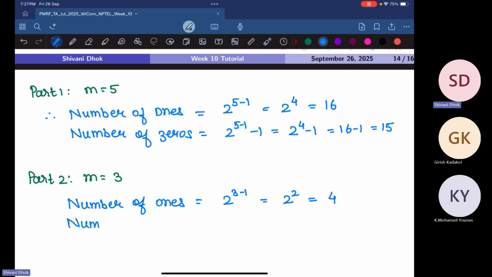And the number of zeros is 2 to the power 3 minus 1 minus 1, which comes out to be equal to 2 to the power 2 minus 1, which is 4 minus 1, which is equal to 3. So this M equal to 3 we had already seen in the earlier part, that is question number 2, where we had generated the PN sequence for the given primitive polynomial.